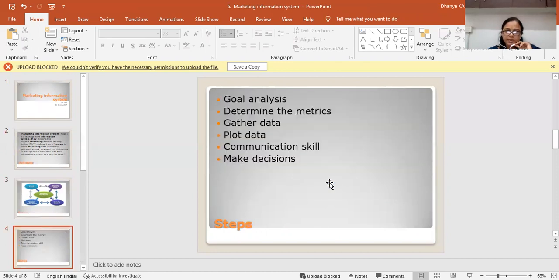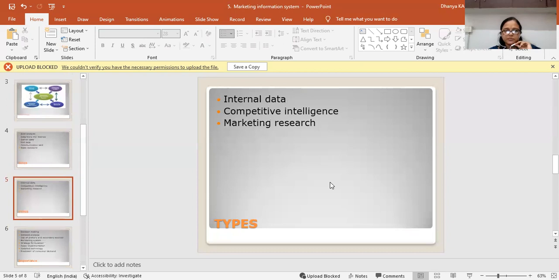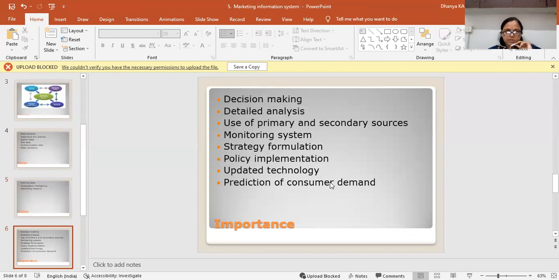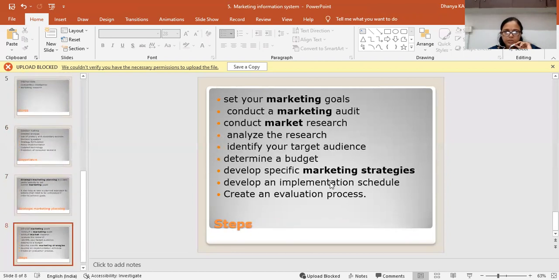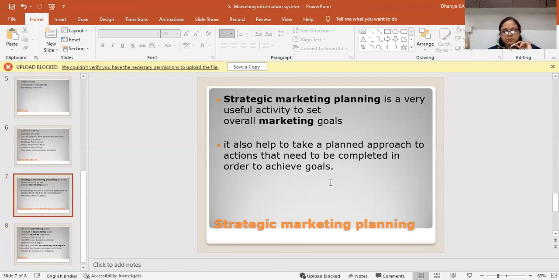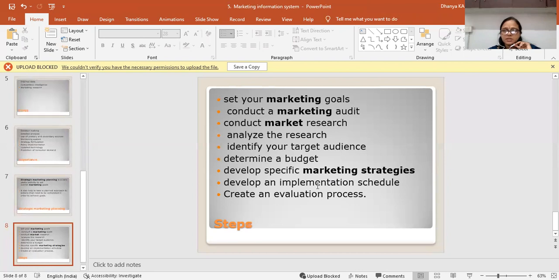What are the steps of marketing information system? What are the different types of marketing information system, and what is its importance? Then what is strategic marketing planning, and what are the steps in strategic marketing planning? So with this, we have come to an end of today's session. Thank you.